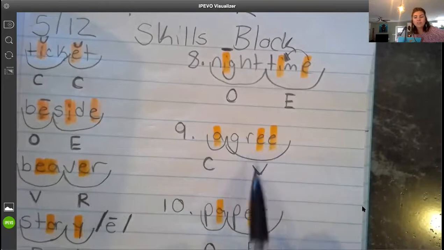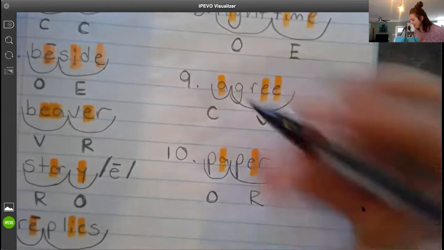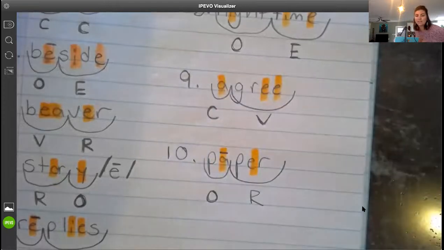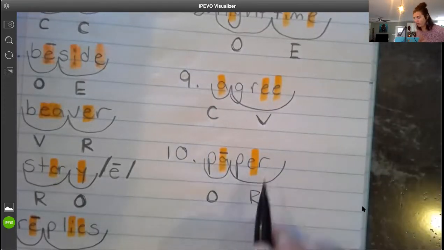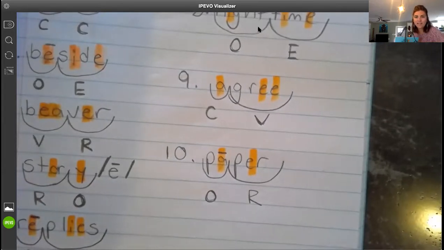Agree. Double E, vowel team. And number 10, paper. Pay, A, it says its name. It's an open. And per, ER, is R controlled. All right, friends, that's it for today. I just wanted you to practice with some of our clover concepts.